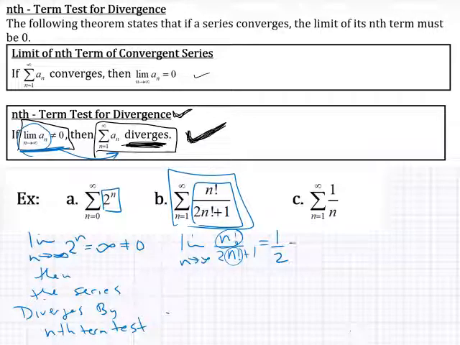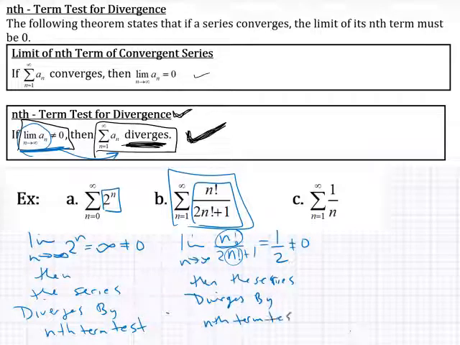Well, that's not 0. So the terms themselves are getting closer and closer to a half. Well, as long as it's not 0, then the series diverges by nth term test. Okay.